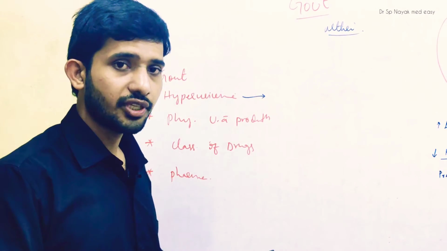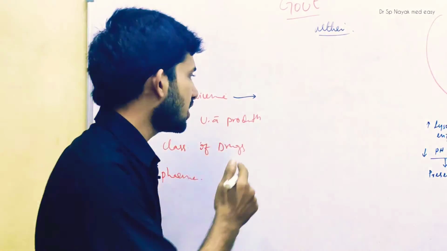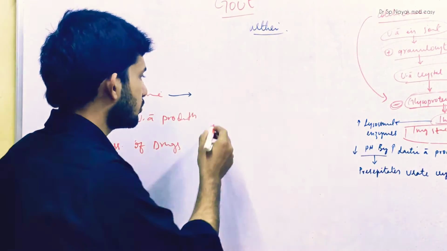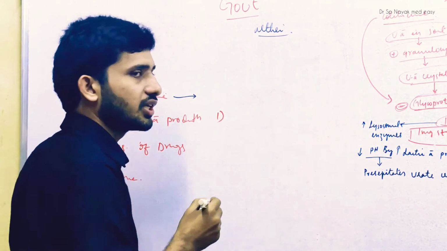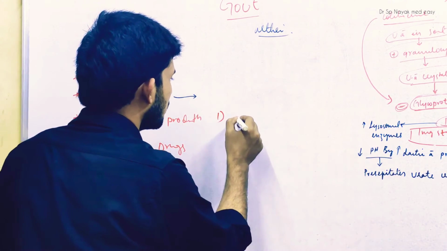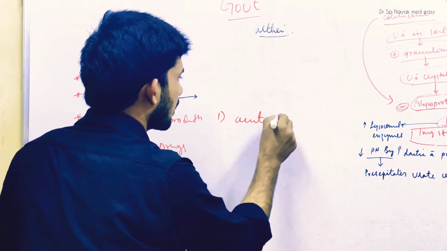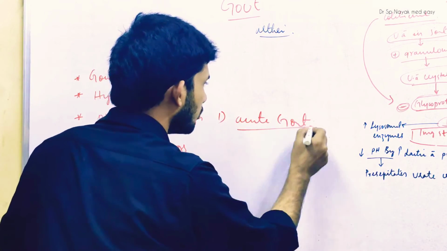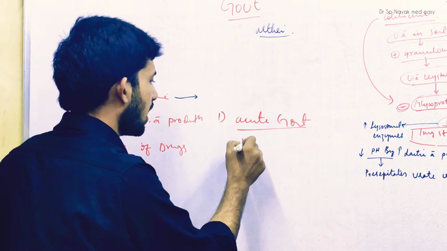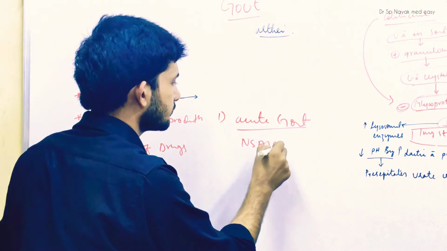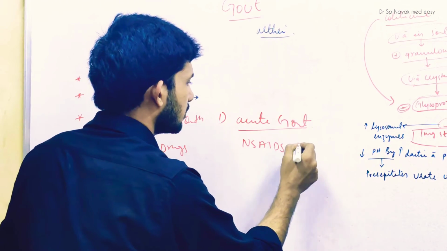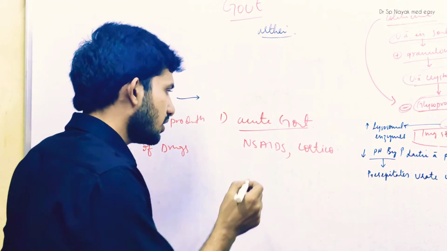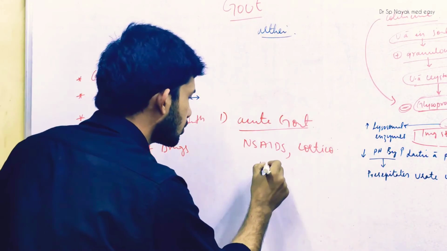So listen guys, we have two main different categories of drugs which are used in gout. The first class of drugs comes under acute gout. So drugs for acute gout, and for acute gout we have NSAIDs, we have corticosteroids, and the next one is very important, colchicine.